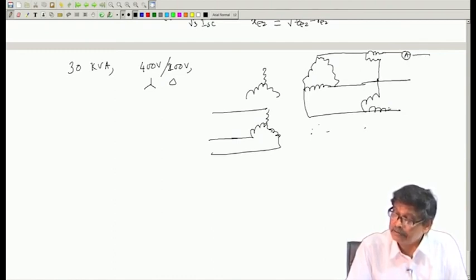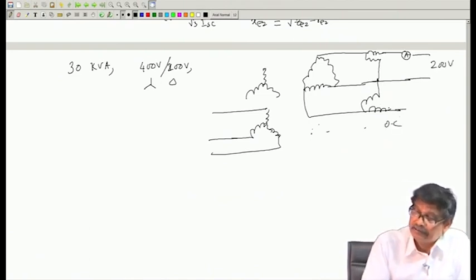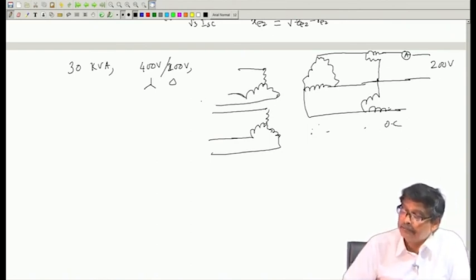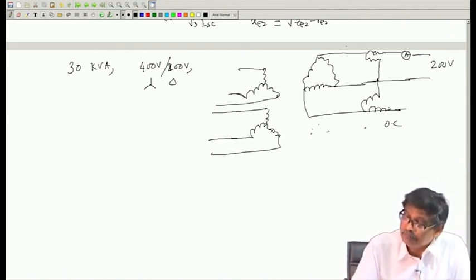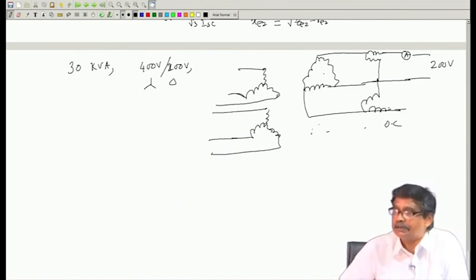Ammeter you connect, rated voltage you apply, 200 volt, while doing the open circuit test. This side is open, who bothers? That is fine. But what I am telling, you can always imagine this to be star connected while calculating the parameters and live with them.